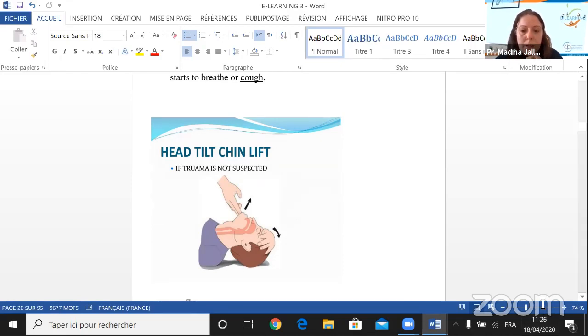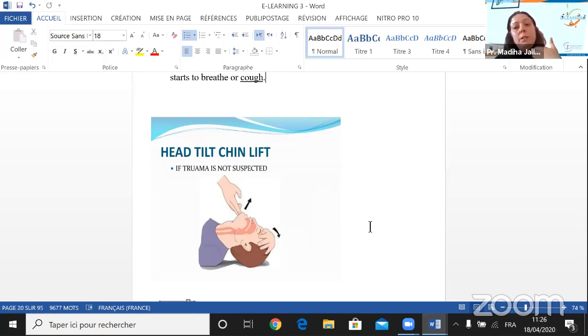Any answers? The position of the head. It's the position of the head. Okay. Here the head is placed backward. And the chin, this is the chin.